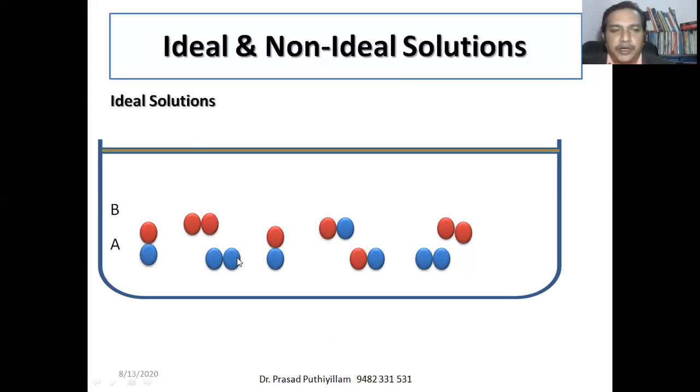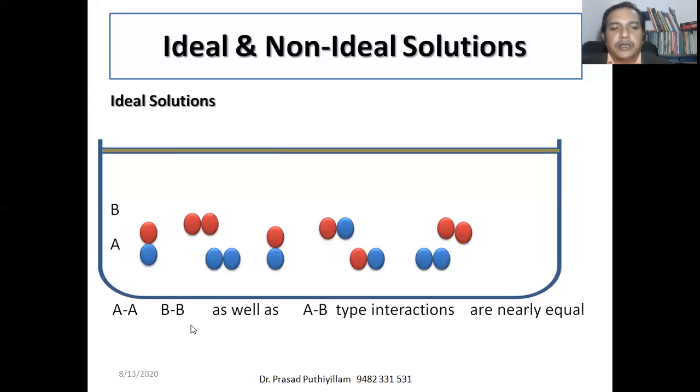Whereas it is very difficult to get such type of solutions. The interactions of AA, BB as well as AB type can be nearly equal, may not be exactly equal. Therefore, truly ideal solutions are very rare. So we can say that some liquid solutions can be treated as ideal solutions because their interactions are nearly equal.